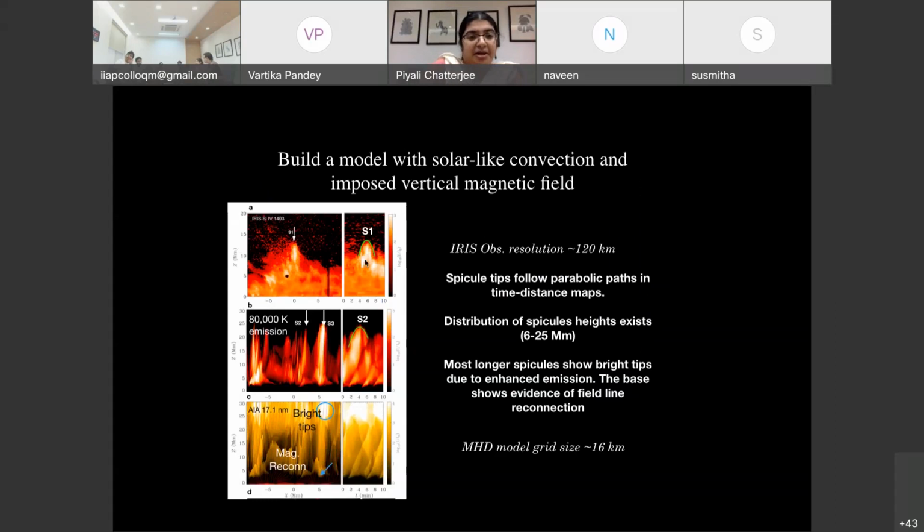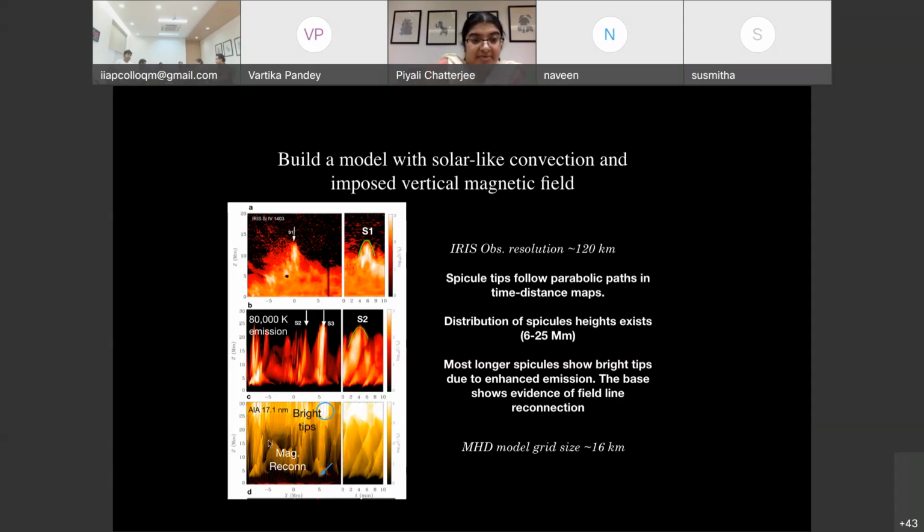So here on the left-hand side, I show data from IRIS observations at the wavelength corresponding to emission by silicon 4. Here the spatial resolution is about 120 kilometers, and the plot in the middle shows 80,000 Kelvin emission from a forward model from our simulations.